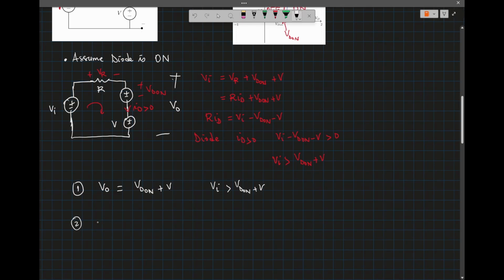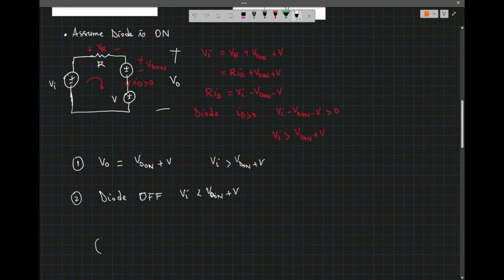For condition number two, the diode will be off, and when the diode is off, VI must be less than VD on plus V.